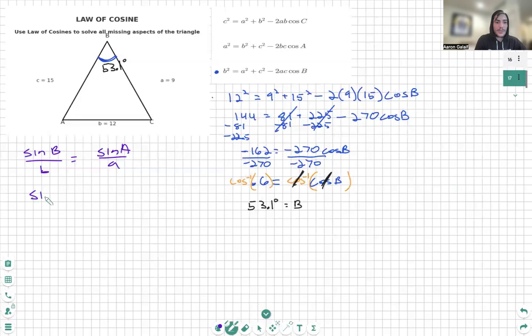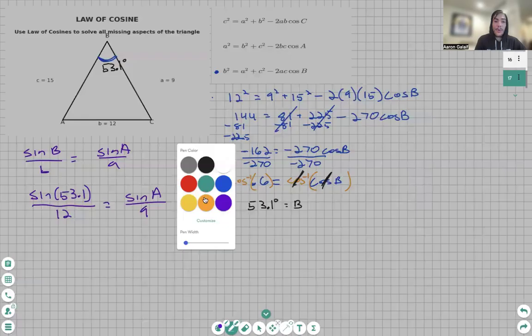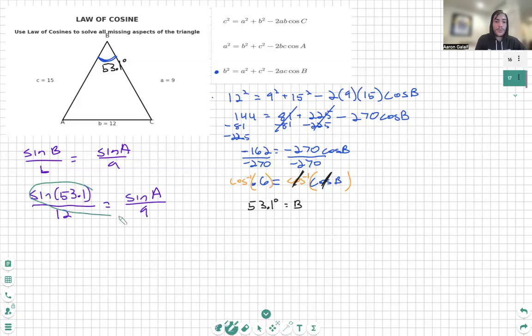Well, we have B, so we're going to replace the values we have. 53.1 all over 12 is equal to the sine of A, which we don't know, so we're solving for A, all over 9.